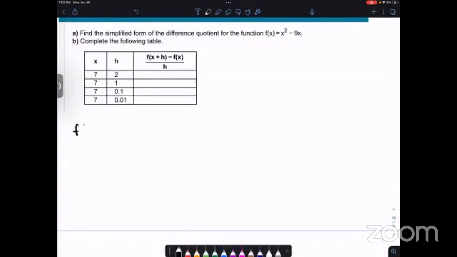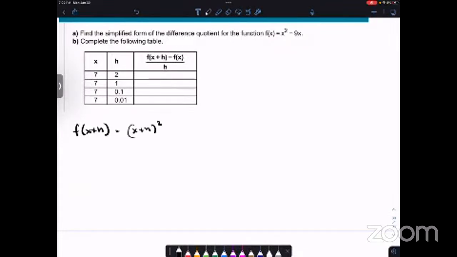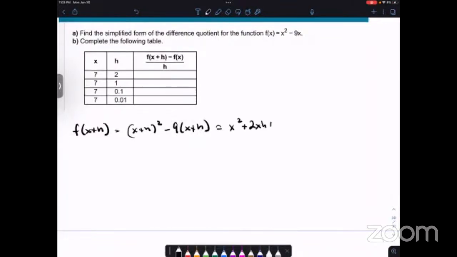What we're doing is replacing each x here with x plus h, expanding and simplifying. So then we're going to have x plus h squared minus 9 times x plus h, right? And let's expand this out. So this is going to be x squared plus 2xh plus h squared minus 9x minus 9h, right?